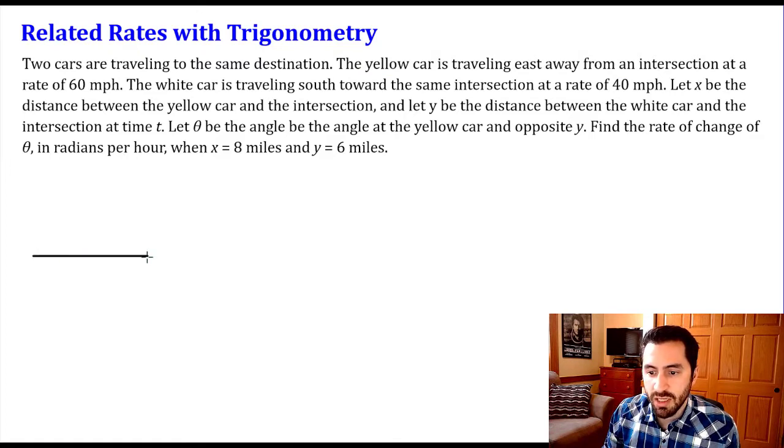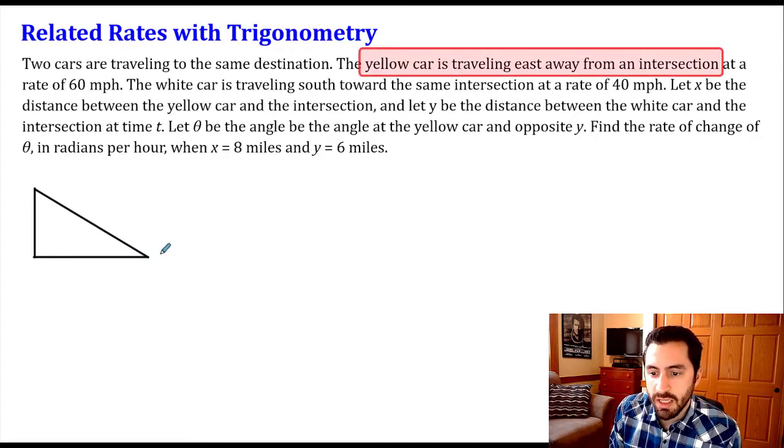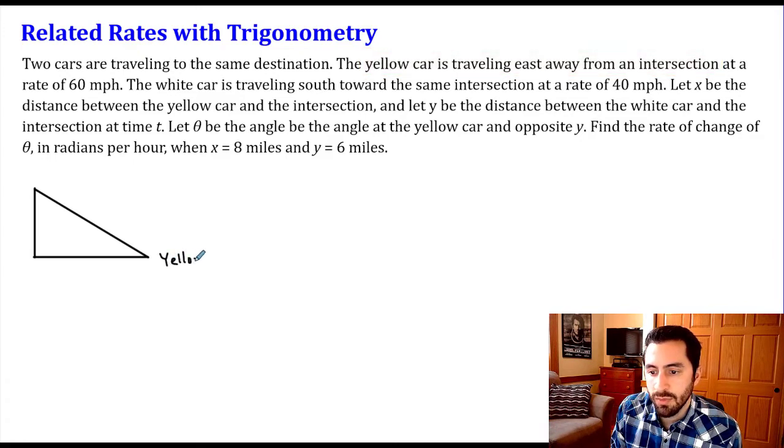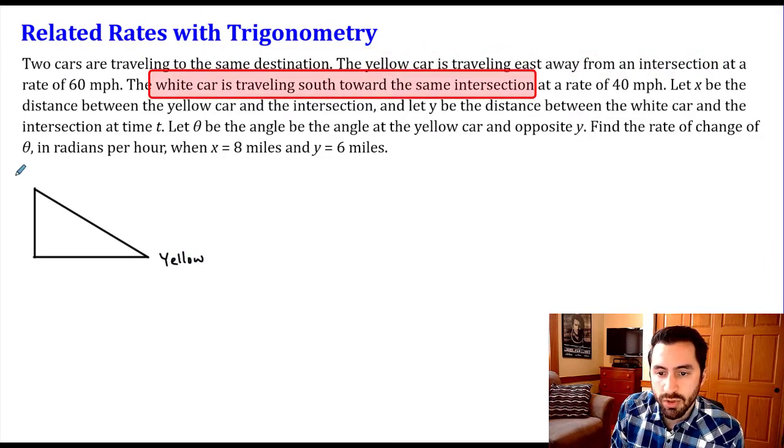One car is moving east away from that. One car is moving south towards that intersection. And we can create our triangle. So moving east away, this is our yellow car. And then moving south towards the intersection is our white car.